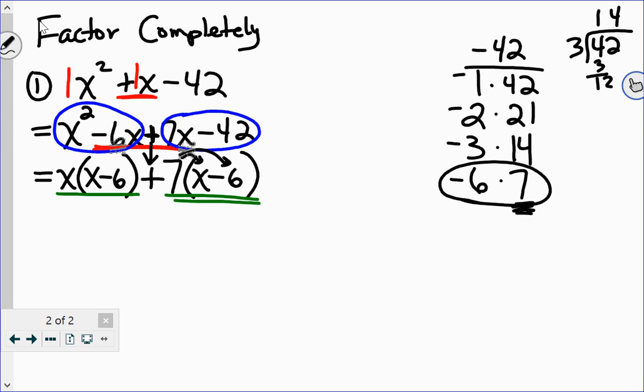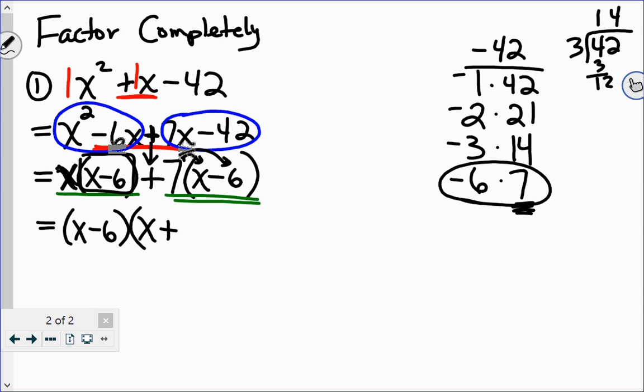Well, they each have a factor of x minus 6. So I pull out x minus 6, put my parentheses, just like I did up here with the x. Then I look: if I take out x minus 6, I'm left with x on that term, plus, if I take out x minus 6, I'm left with 7.